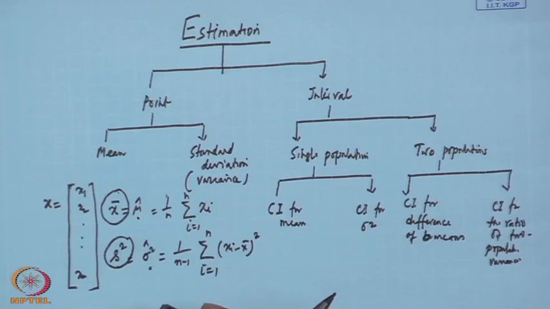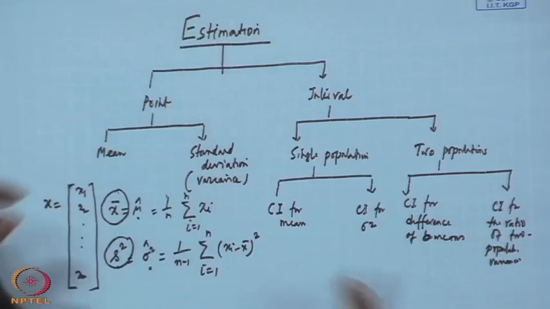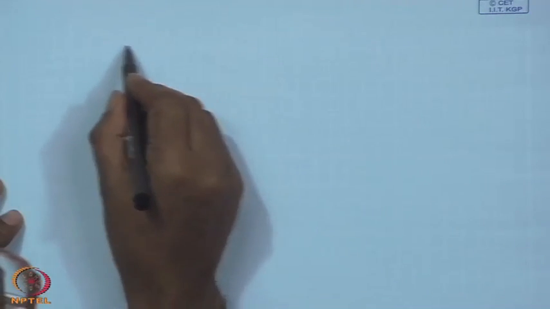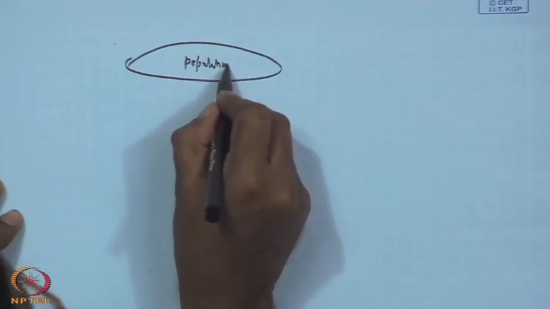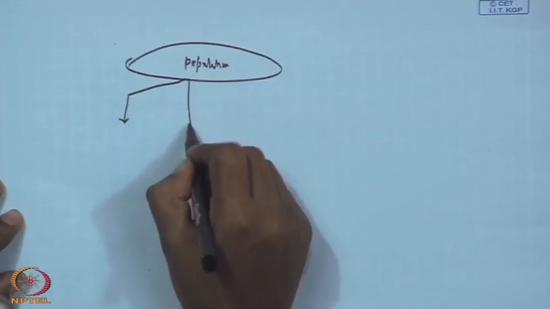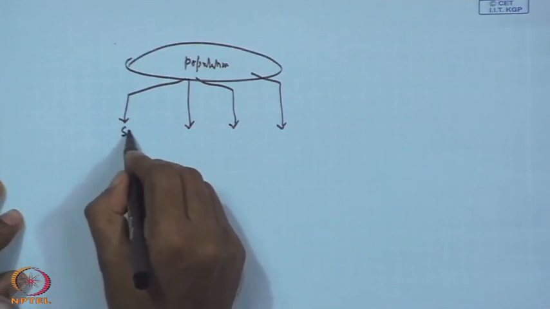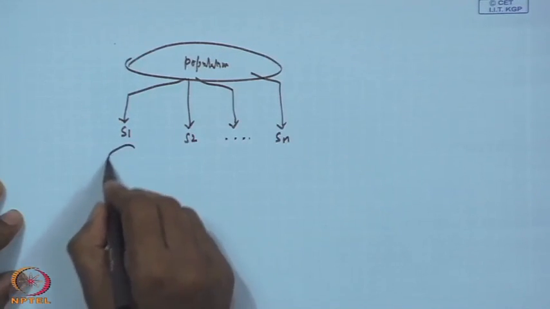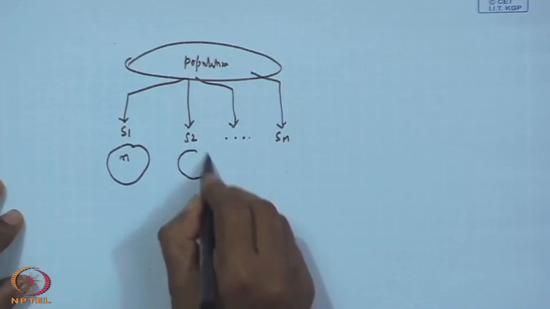Now, as we discussed in the last class, what will happen when I go for several samples collected from a population. This is my population, and I collect several samples. For example, sample 1, sample 2, then sample n, all with equal sample size n.